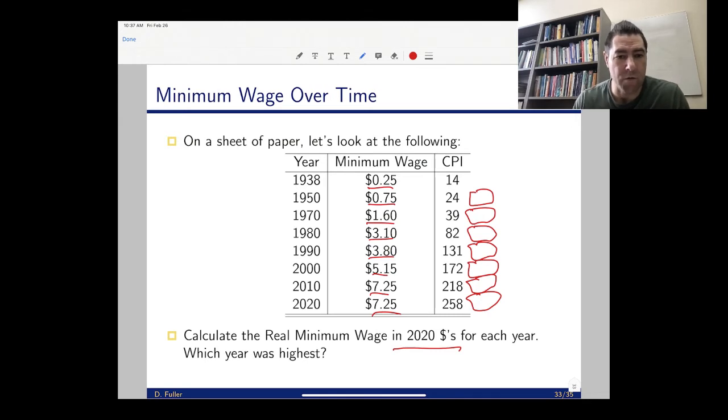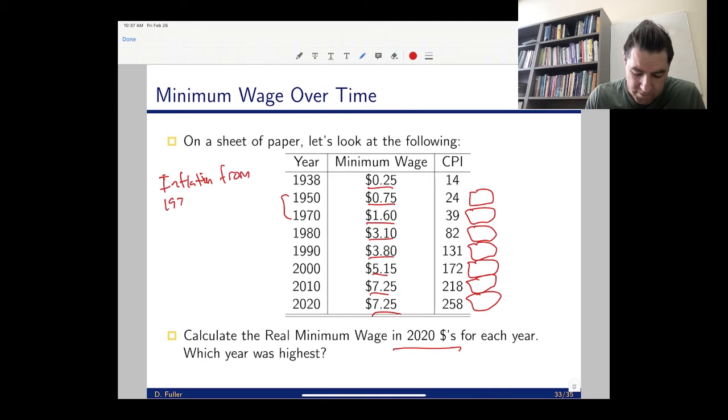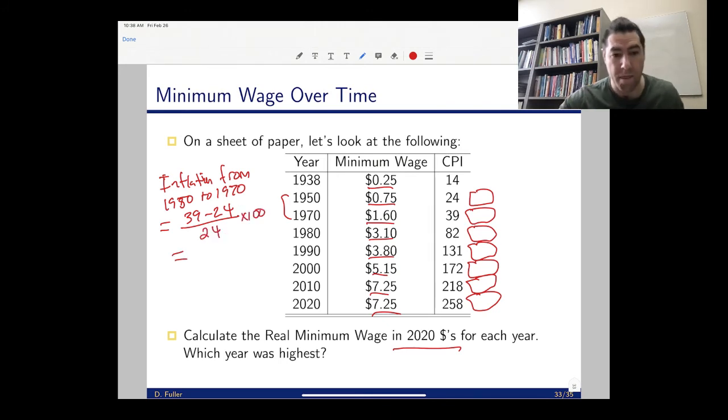So we can do, let's take 1950 to 1970. Let's calculate the inflation rate between those years. So inflation from 1950 to 1970 is 39 minus 24, the new price level minus the old, divided by 24 times 100. So 15 over 24.